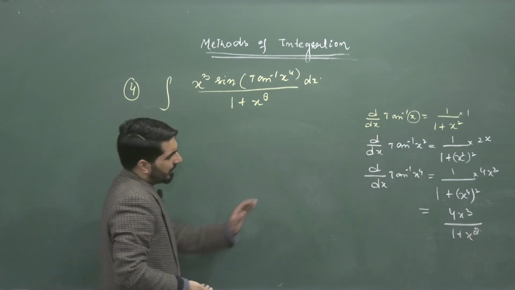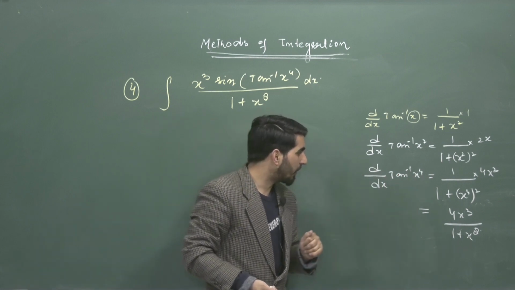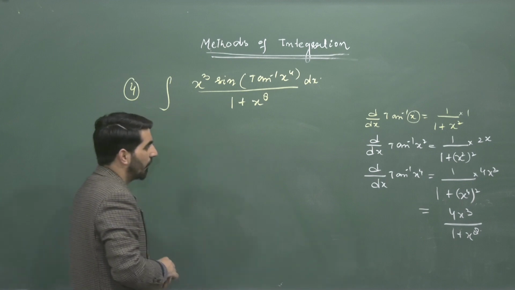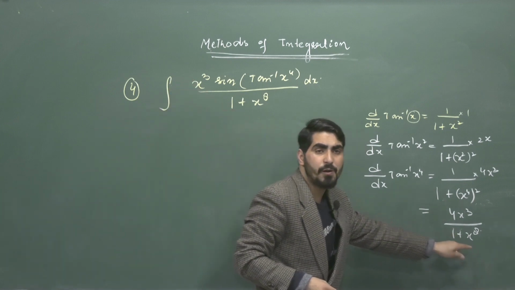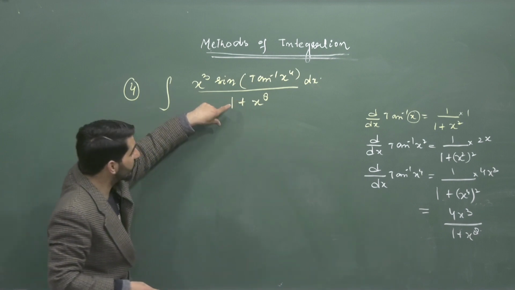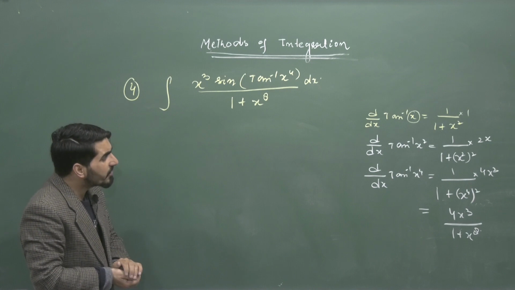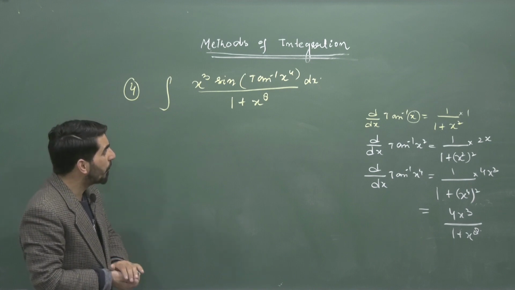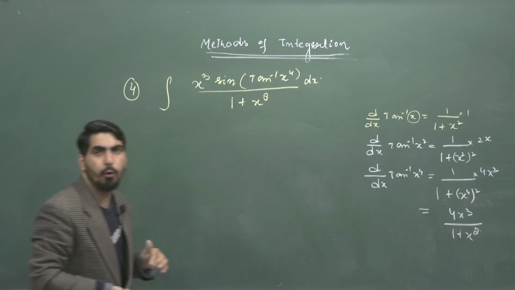Now, if we see here the differentiation of tan inverse of x raised to power 4 is 4x cube, we need here x cube and divide by 1 plus x raised to power 8. So, here is also 1 plus x raised to power 8. So, this gives me the better choice to substitute tan inverse of x raised to power 4 is equal to t.